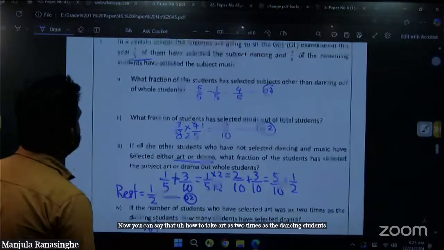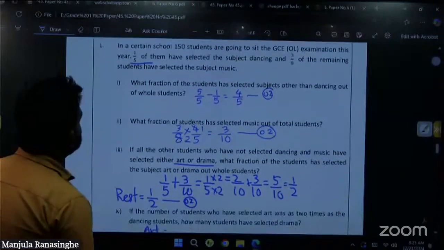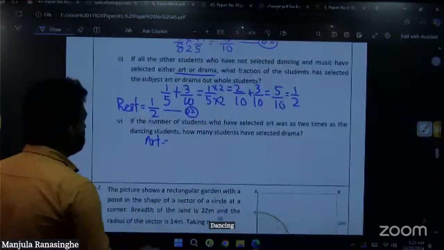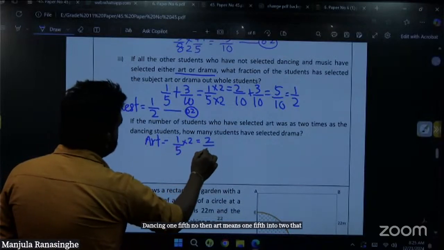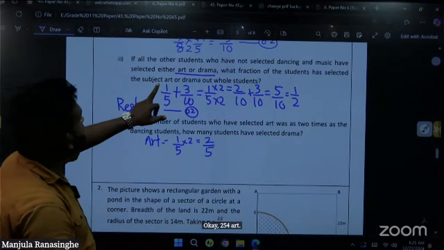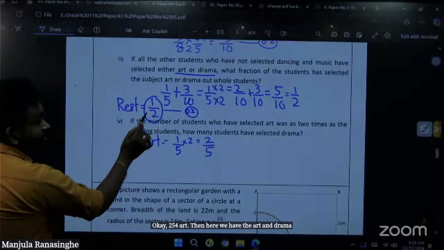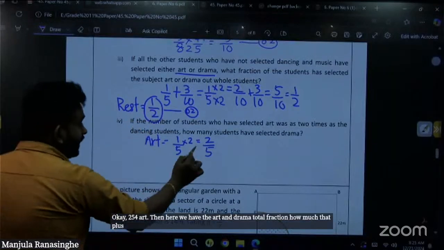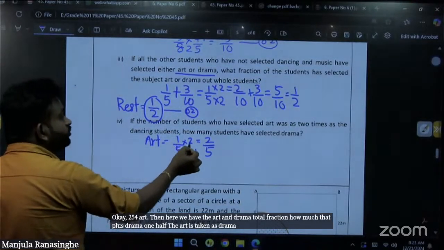Dancing is 1/5, so art is 1/5 into 2, that means 2/5. So 2/5 for art. Then we have the art and drama total fraction, art plus drama, which is 1/2.